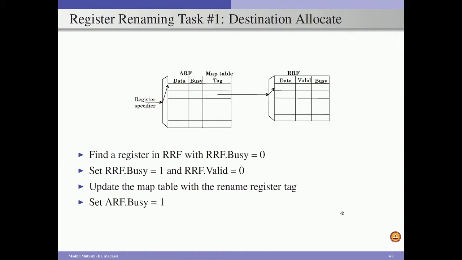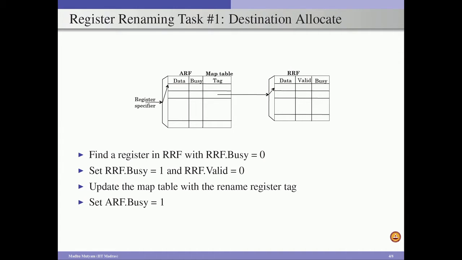So, the step by step method for this destination allocation phase is: find a register in the rename register file whose RRF busy bit is reset. Remember, whenever we allocate any rename register in the RRF, we set the busy bit to 1, so that this entry is used as a rename register for some architectural register.